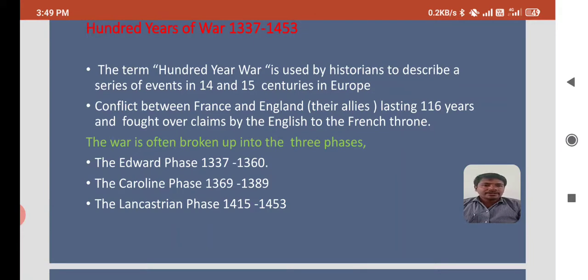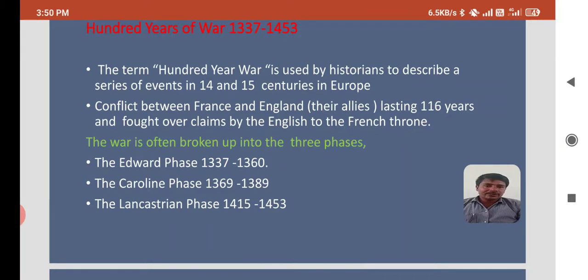The term 100 Years' War is used by historians to describe a series of events in the 14th and 15th centuries in Europe. It was a conflict between France and England, lasting 116 years, fought over the claims by the English to the French throne.